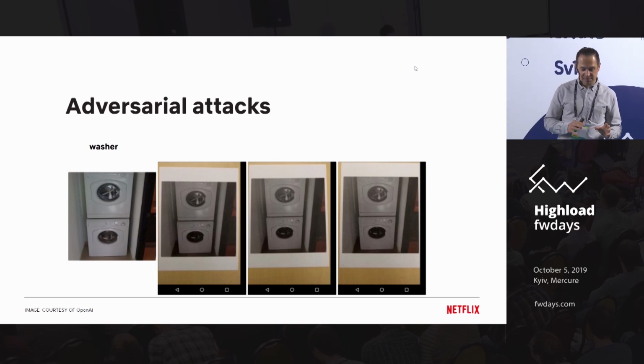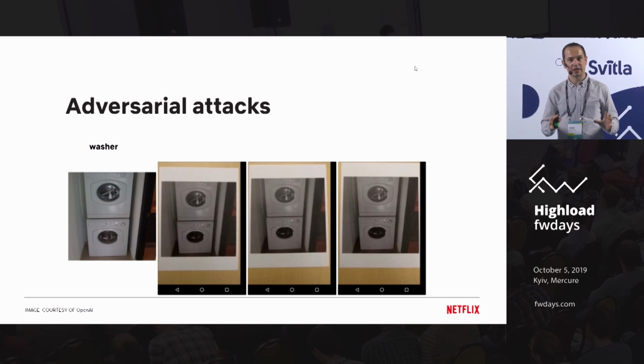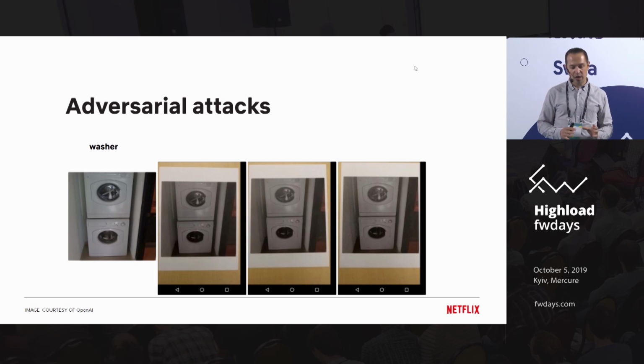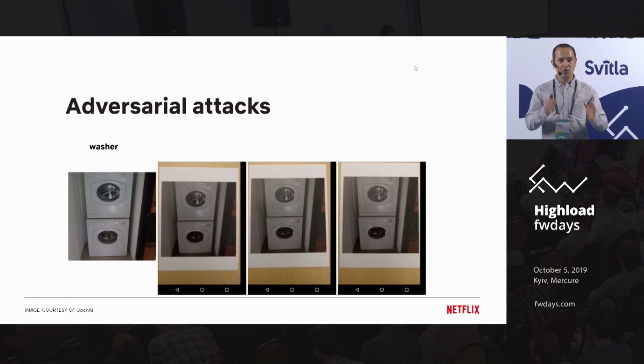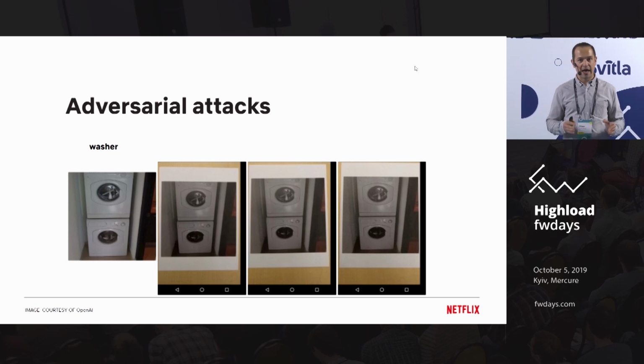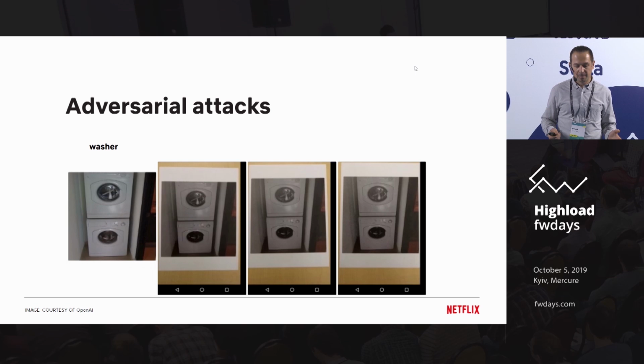I love this because it's so versatile in this example. The first one is just a picture from your data set. It's a washer. It's clear, right? Now, the second one is the same picture printed on a piece of paper and then pictured with the average cell phone. And it's still a washer with a reasonably high confidence.